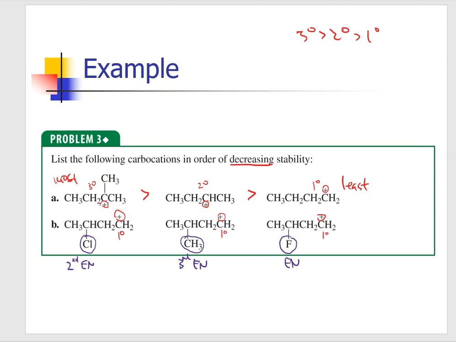All right, so how do we rank these in order of decreasing stability? Okay, so decreasing stability, stable means it stays around. Guys, I don't know about you, but if I had fluorine that was extremely high in electronegativity, extremely negative, and then we have this positive piece on it, something's going to happen.